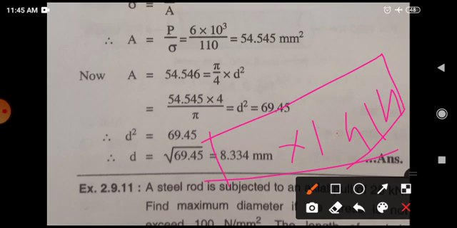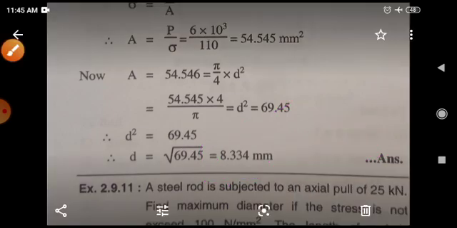In case the factor of safety is 2, we have to multiply this 8.334 by 1.414, which is root of 2. But this is not necessary right now, we will discuss it further.